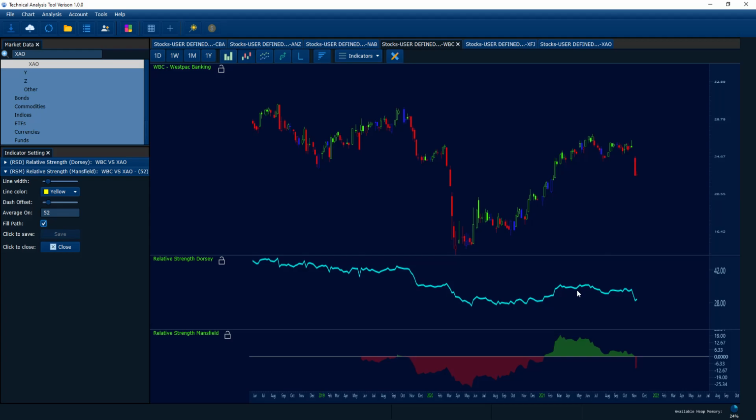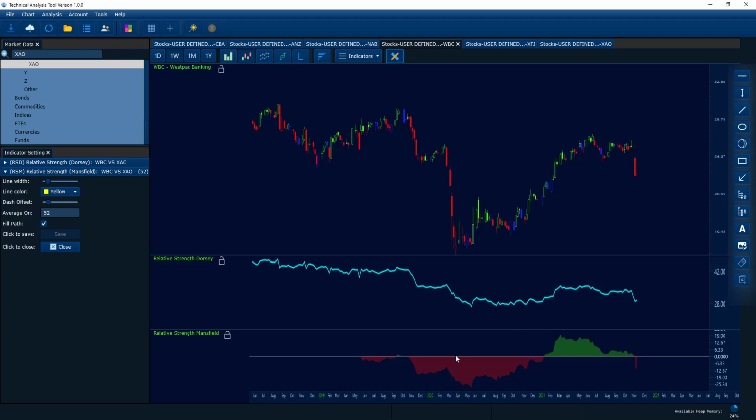It's improving the performance compared to the market. So we can use this trend line. You can draw a trend line, just treat this RSD as a normal share, a line chart. You can do the resistance and the support.